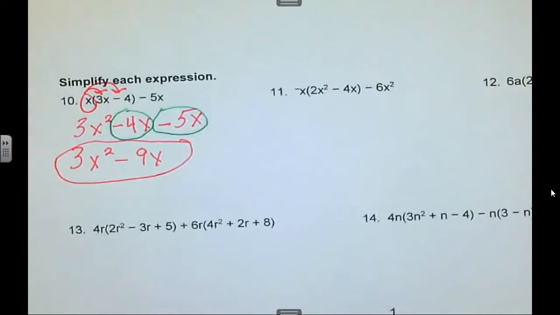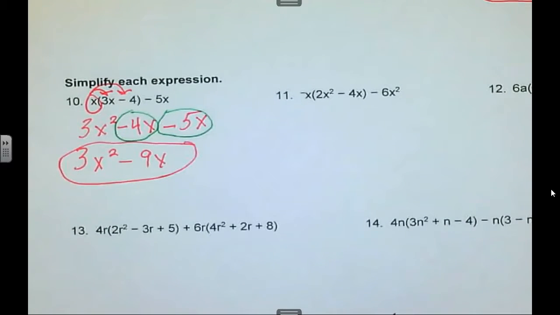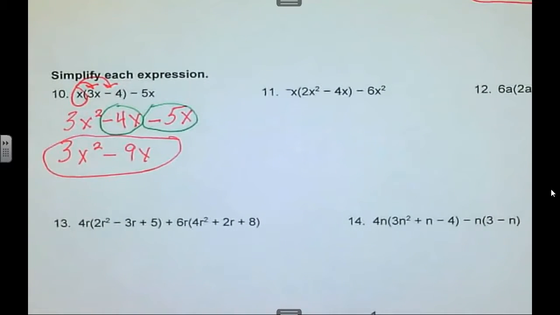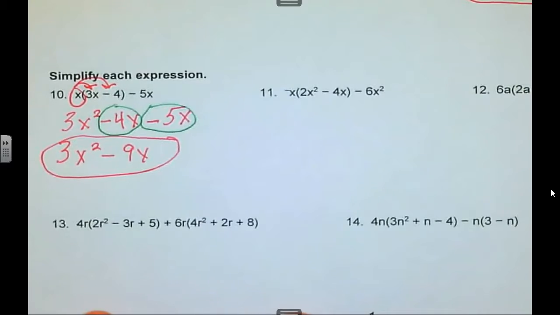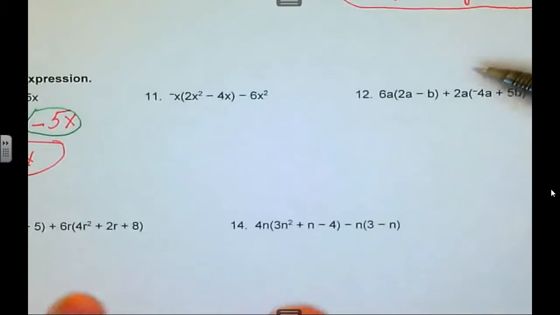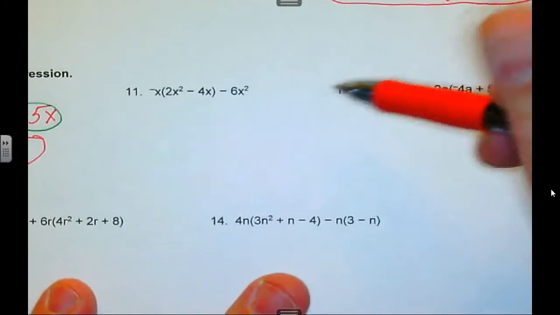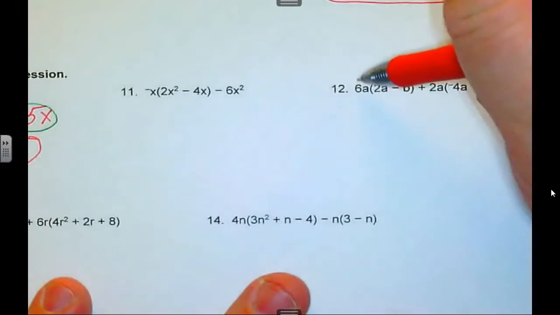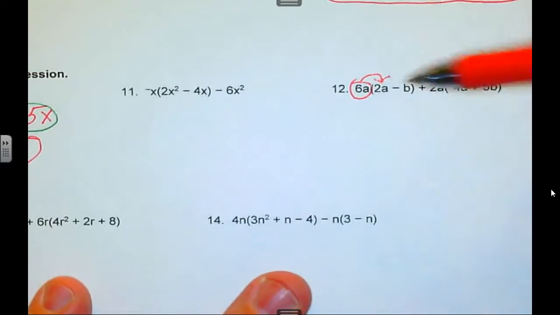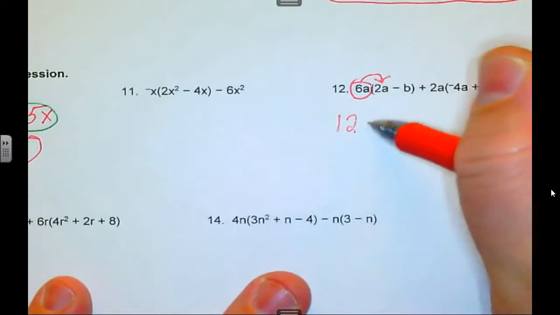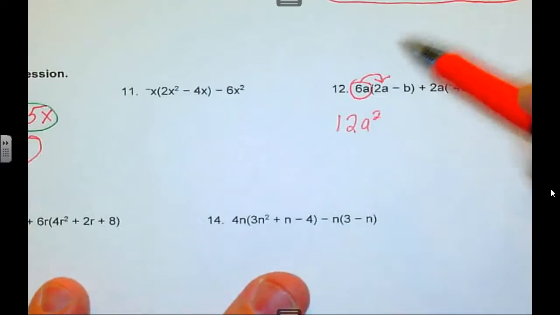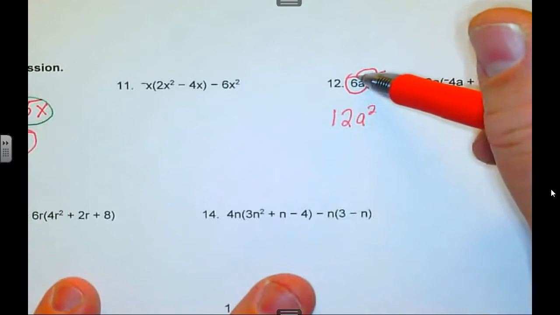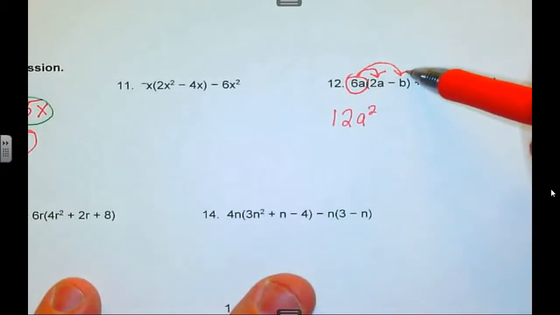Of course, they're going to get harder, right? Let's try number 12. I have two sets of parentheses, so I'm going to have to distribute twice. 6a times 2a. 6a times negative b.